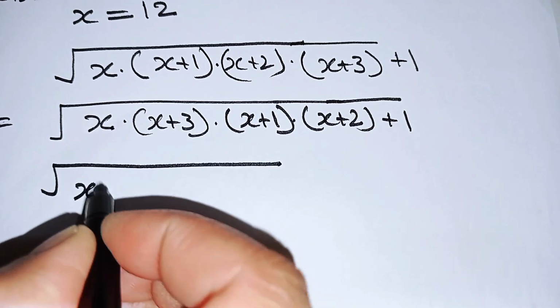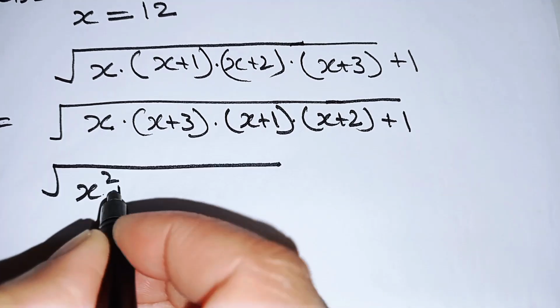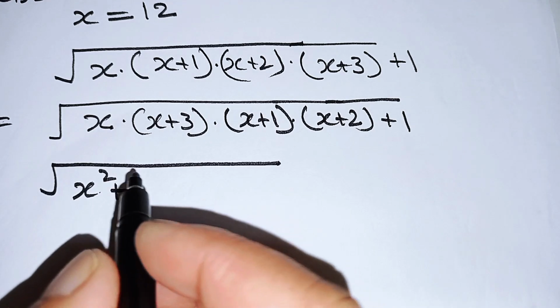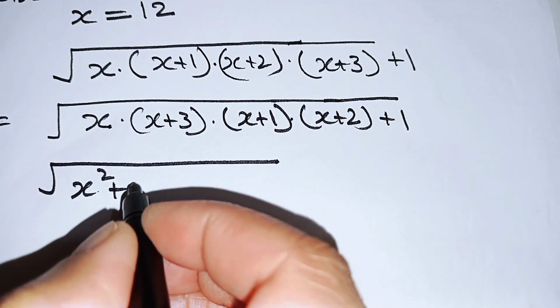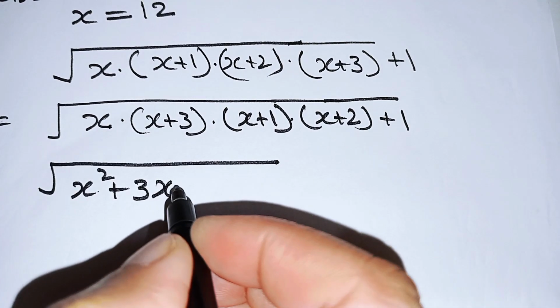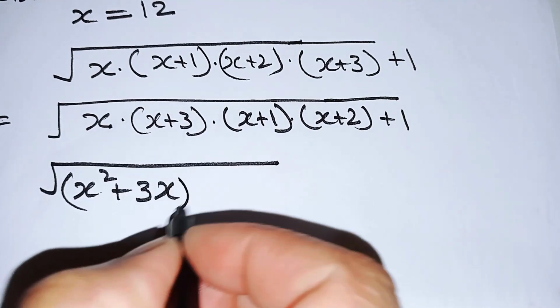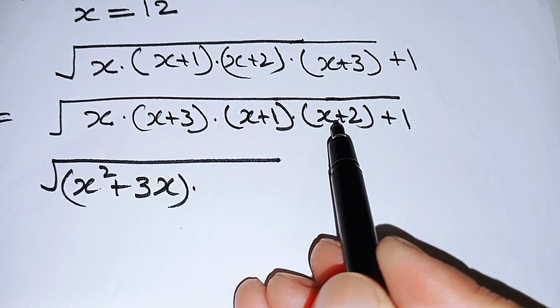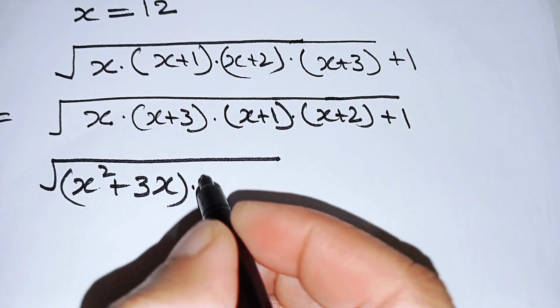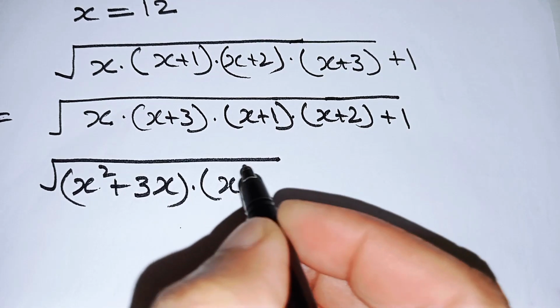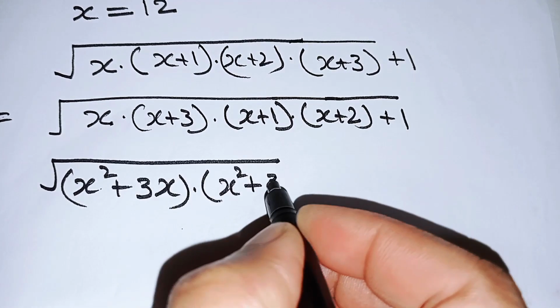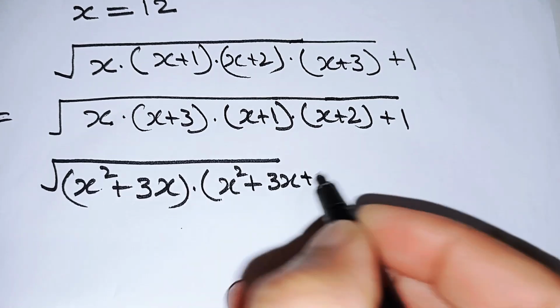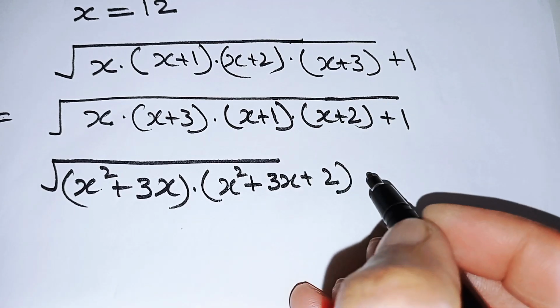So in the next step we multiply them. x multiplied by x is x square, plus 3x, then times x plus 1 multiplied with x plus 2, which is x square plus 3x plus 2, then plus 1.